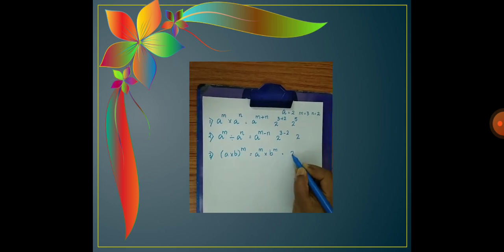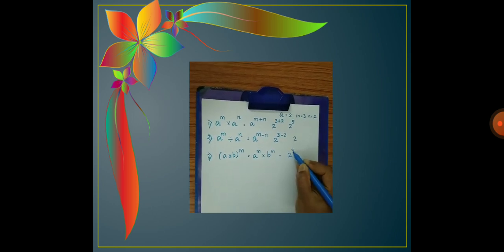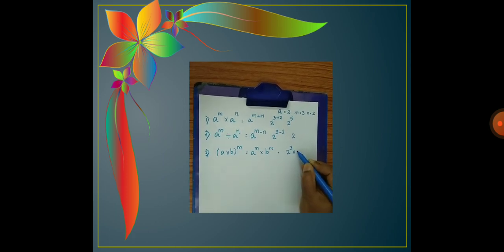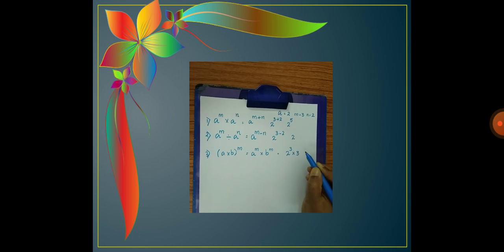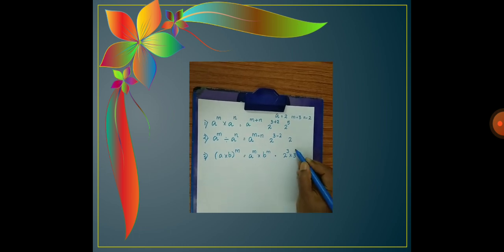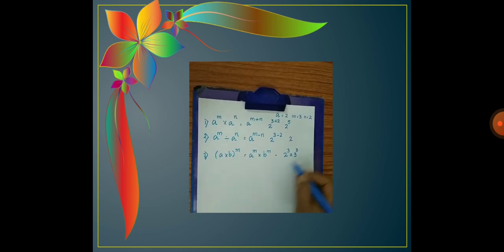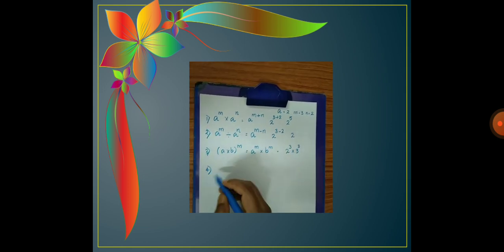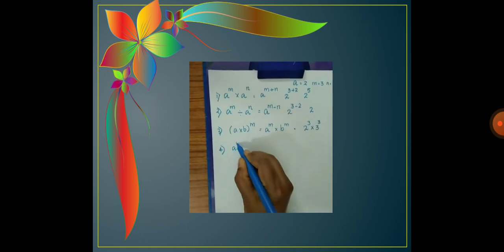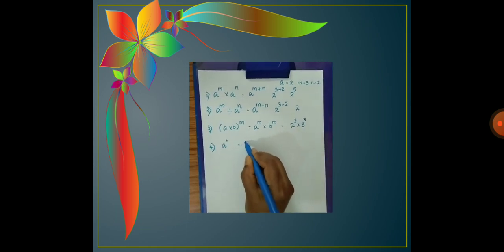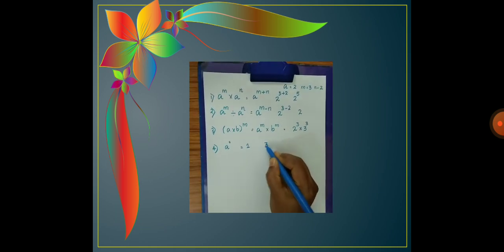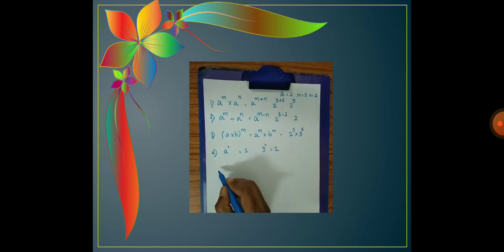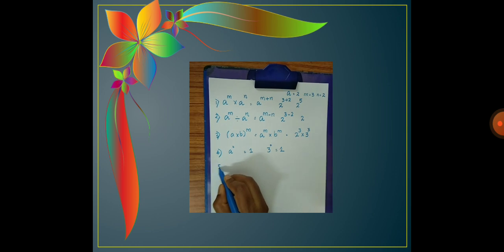So here a is 2, so 2 raised to the power 3 into b, we can take b as 3, b raised to the power 3. Next, fourth one, a raised to the power 0, that is equal to 1. Any number, for example 3 raised to the power 0 is 1.